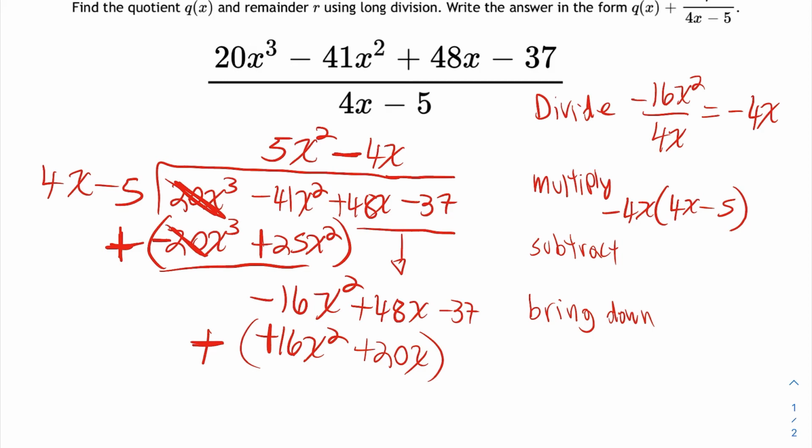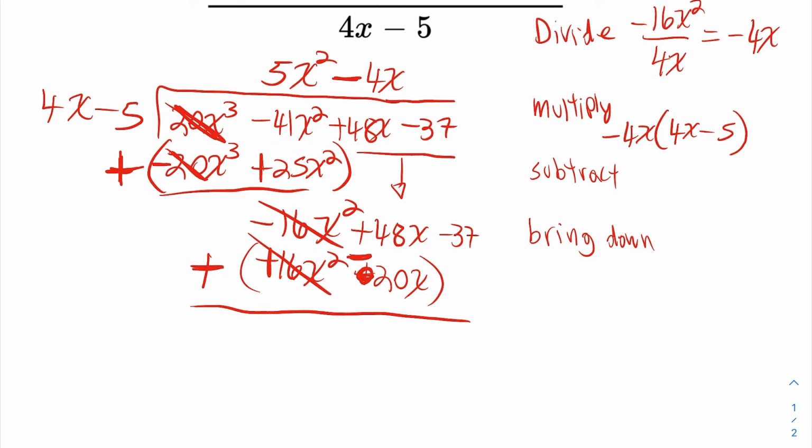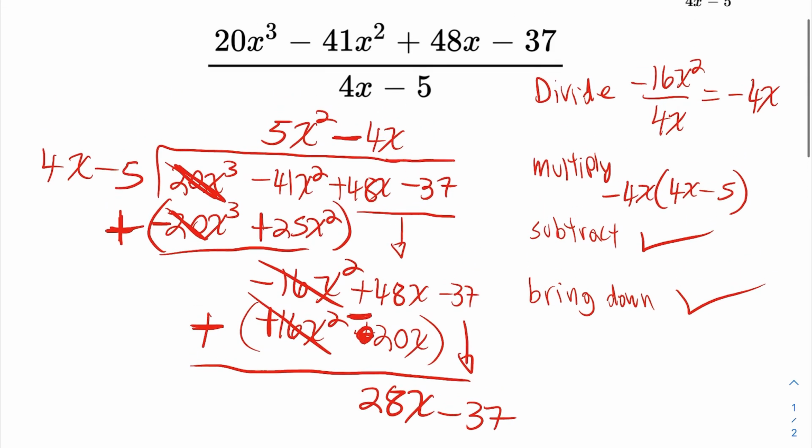And I also need to subtract 20x, so I need to change this sign to a minus. And then the negative 16x squared and the positive 16x squared cancel. And I get here 48x minus 20x is 28x. And that's my subtract step. And then the bring down step, I bring down the negative 37. So bring down. And then I'm ready for the process all over again.